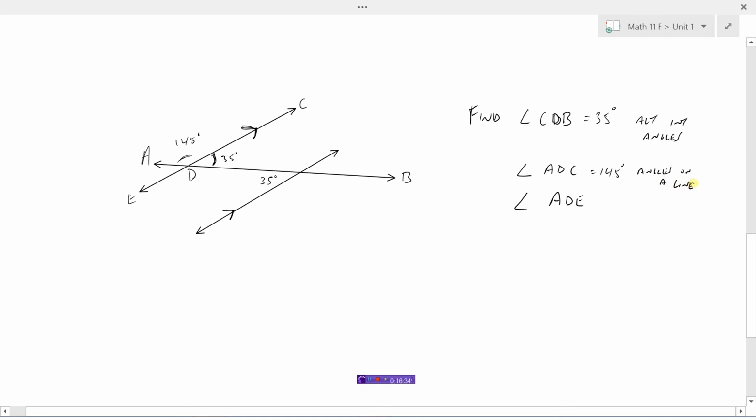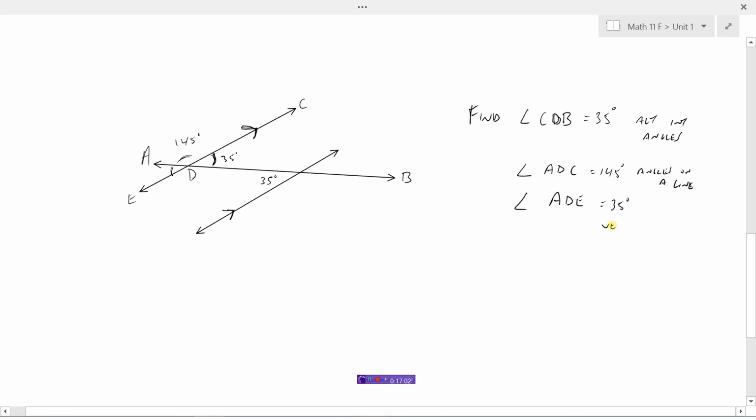And finally, they want A to D to E. That would be this one over here. Now I have a couple ways of doing that. I could say it's 35 because these are vertically opposite. Or I could say this one plus this one has to add to 180 because those are angles on a line. That would have to do a little bit of calculation, so I'm going to use the vertically opposite angles for my reason to say that that's going to be the same as 35.